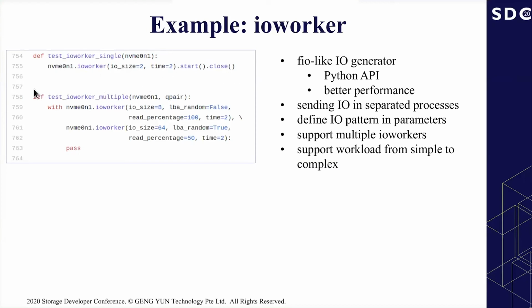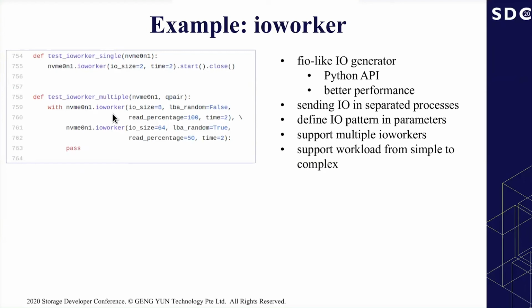We can define IO patterns with different parameters of ioworker, from simple to complex. Most of the parameters have reasonable default values, so we do not need to specify every one of them in the scripts. One ioworker is one process.